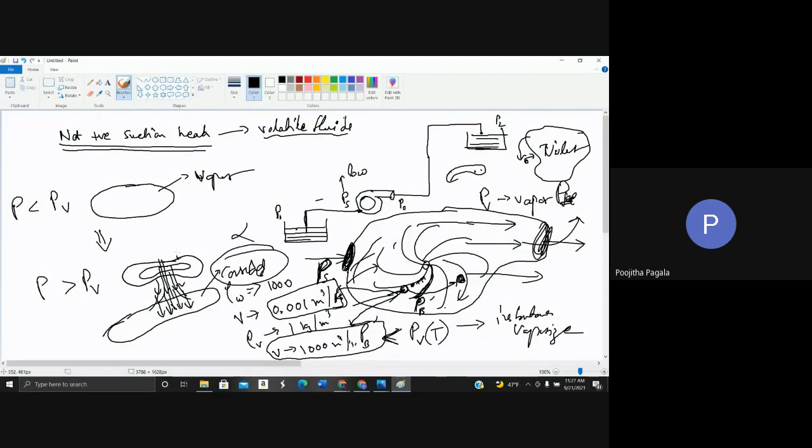This phenomenon is called cavitation, and you want to prevent cavitation. So if you want to prevent cavitation, you put a safety standard.